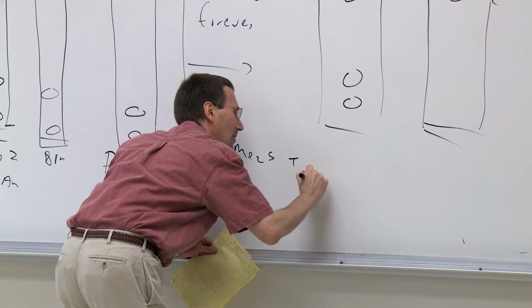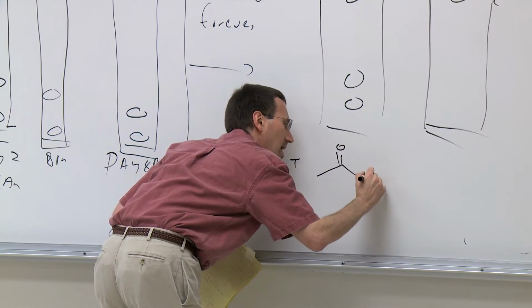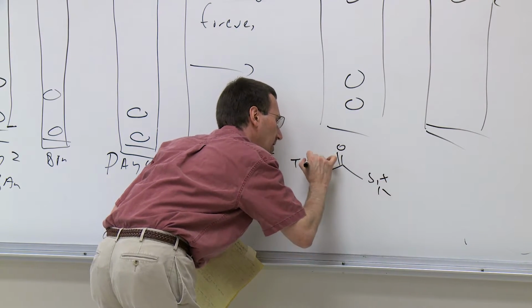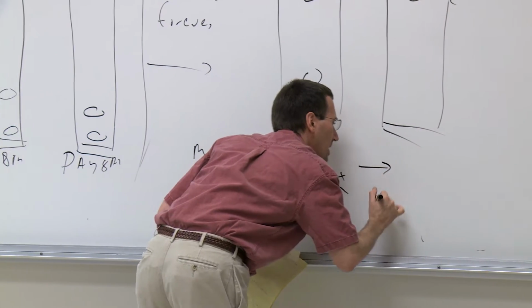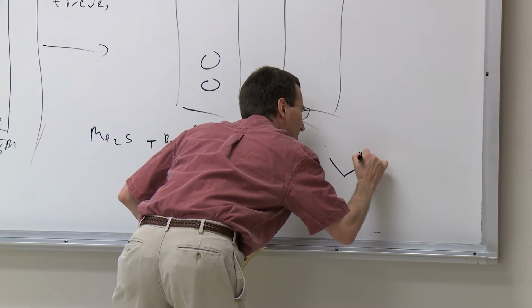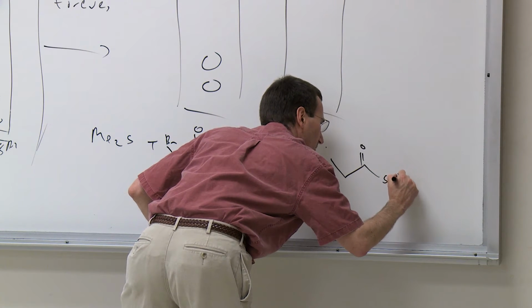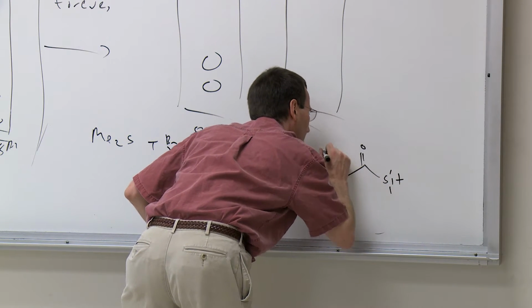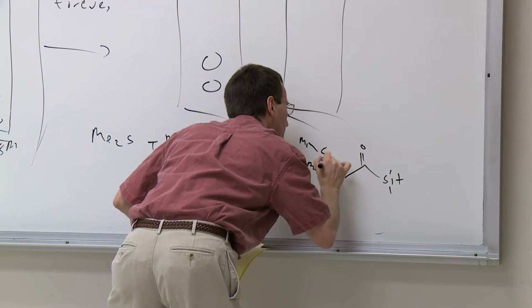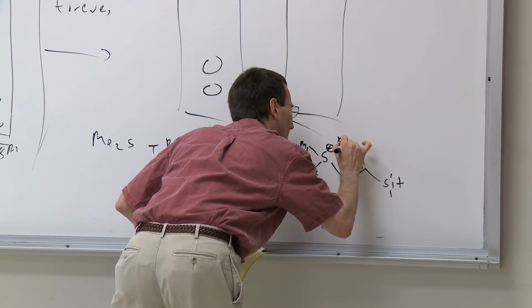I'll write what it was here. It was an acylsilane, and it was the bromo compound. And the product of the reaction is the sulfonium salt. So it is indeed an SN2 displacement reaction. You get a sulfonium salt.